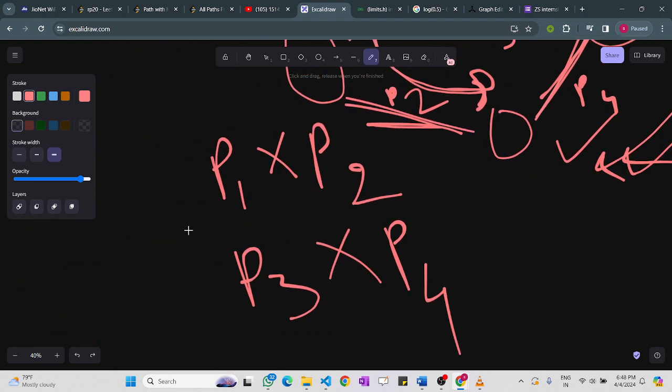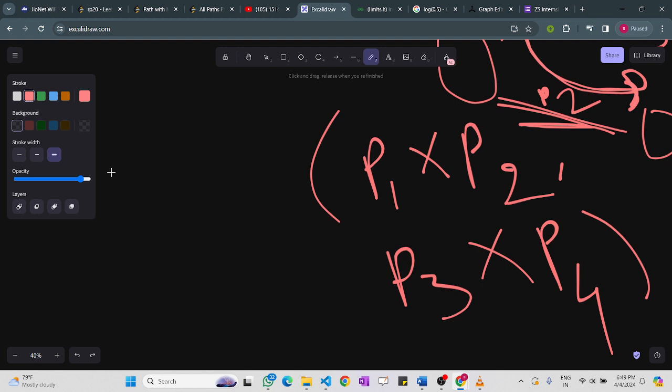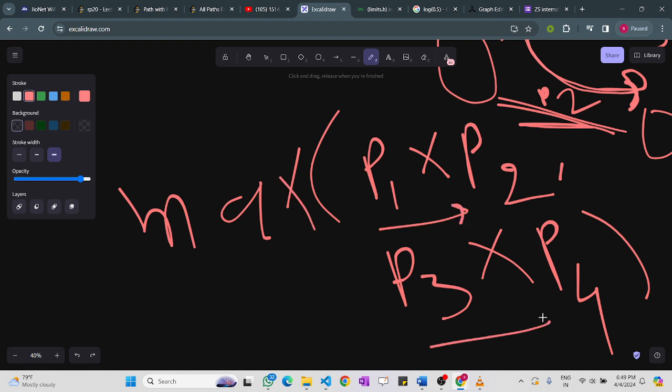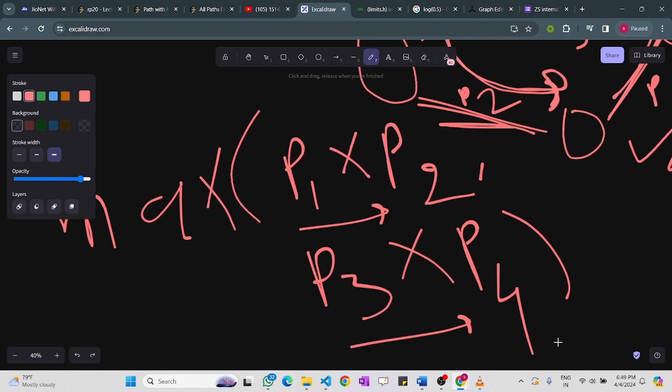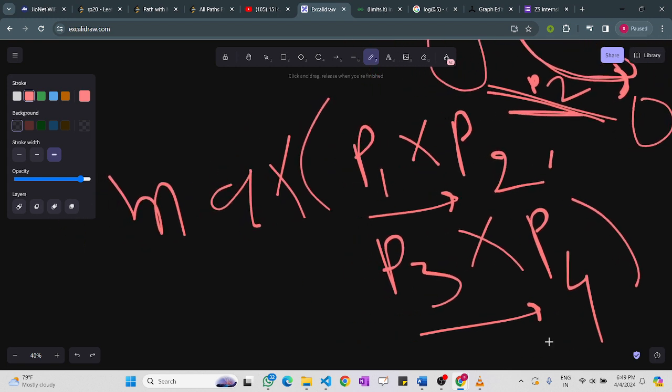You have to calculate the maximum among these two probabilities, P1 into P2 and P3 into P4. Whatever maximum you get after calculating the multiplication of the probabilities of the possible paths, you have to return that maximum probability.